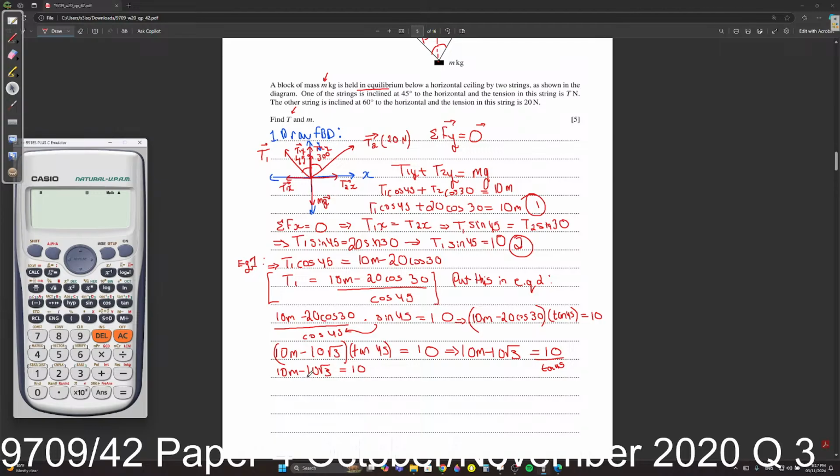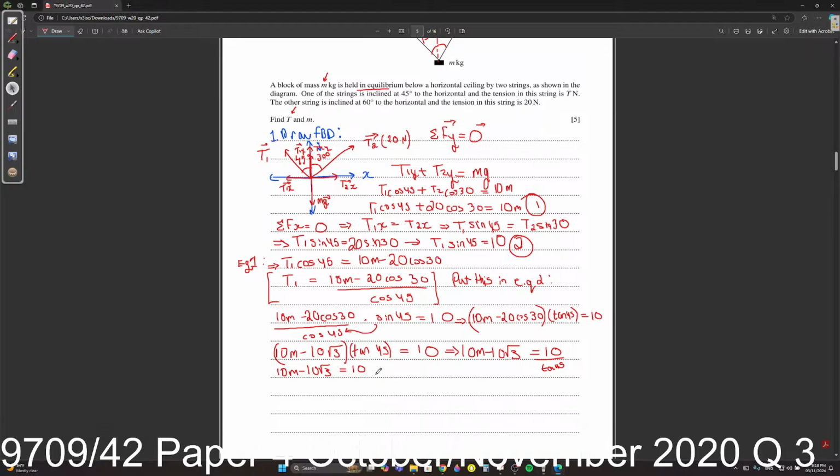And then 10 root 3, I'm going to take it to the other side. So I'm going to add 10 plus 10 root 3 now. You're going to get 10m is equal to 10 plus 10 root 3.